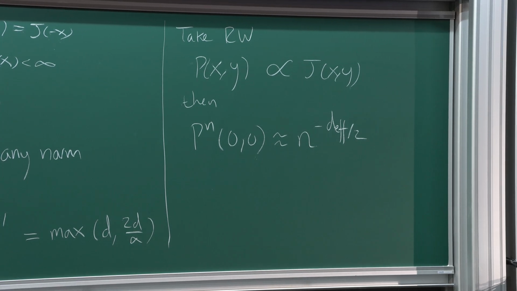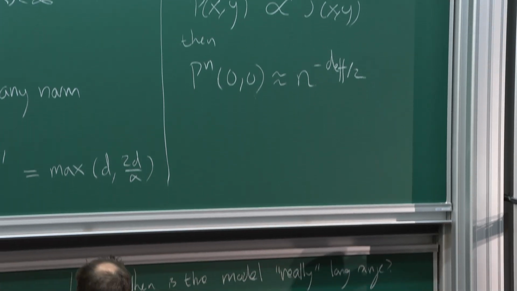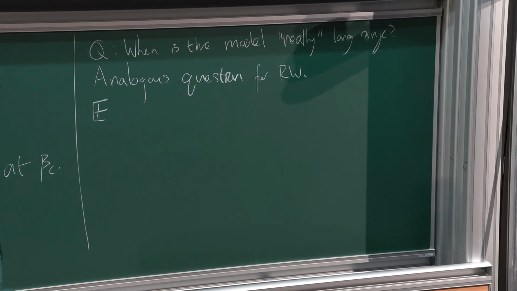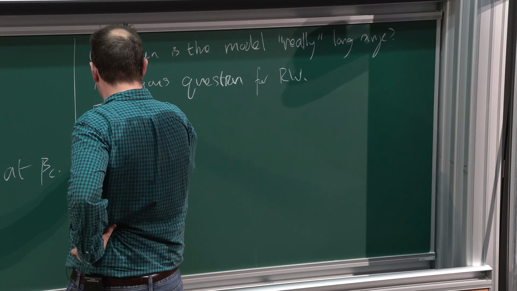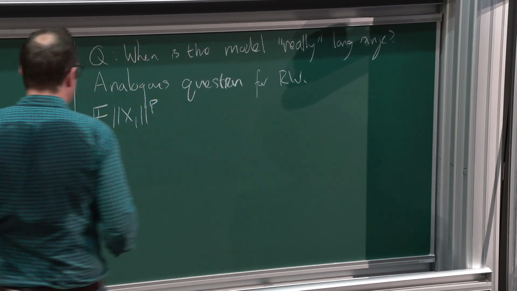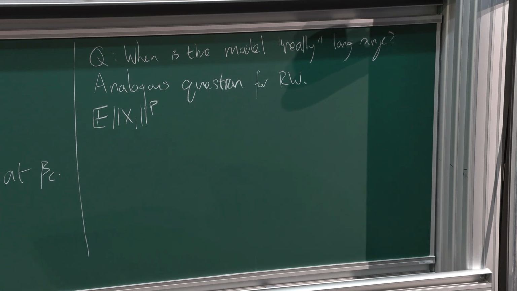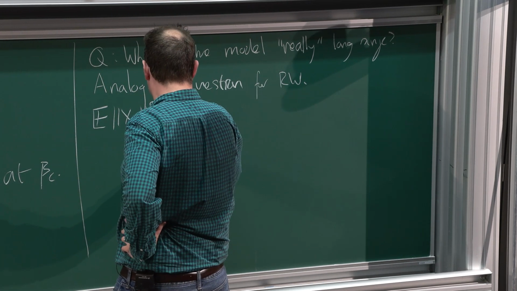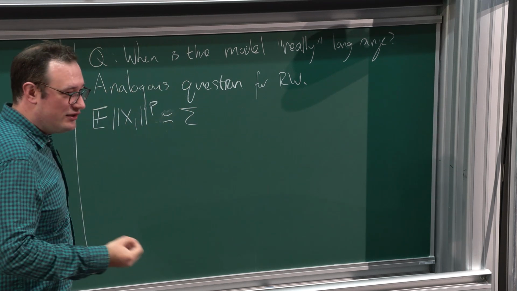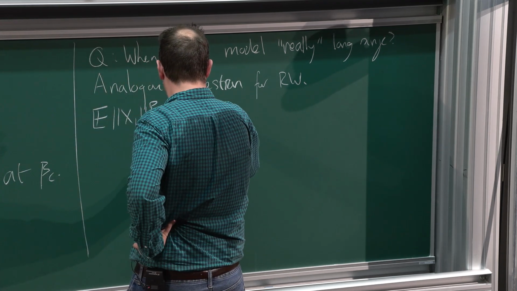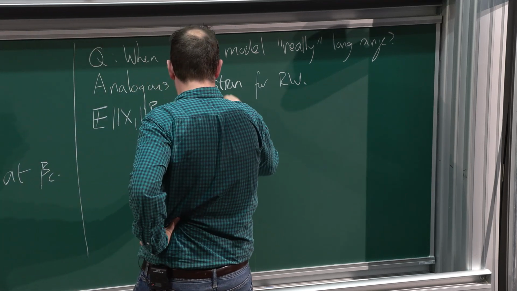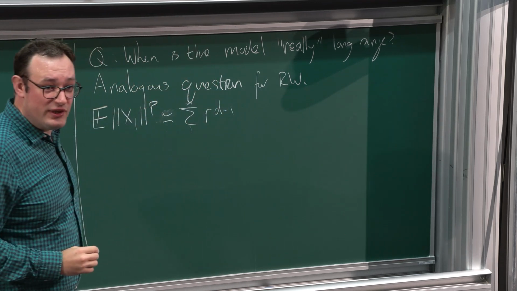Let's start the random walk at the origin. If you look at the pth moments for how far the random walk goes in a single step, well, you can compute what this is. Again, up to constants, we can just sum over the boundaries of boxes. In each boundary of the box, there are r to the d minus 1 points.